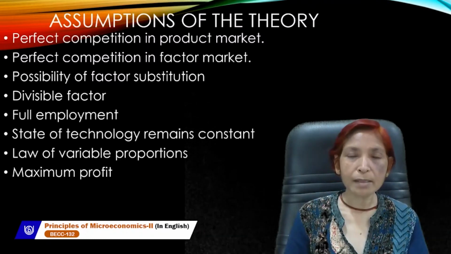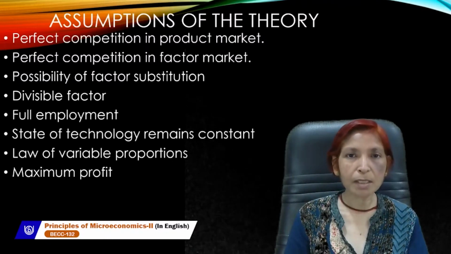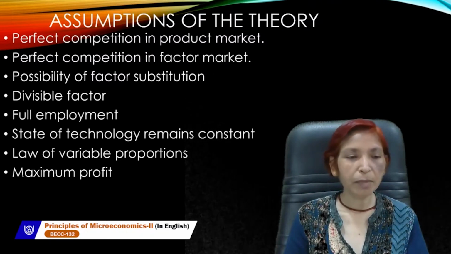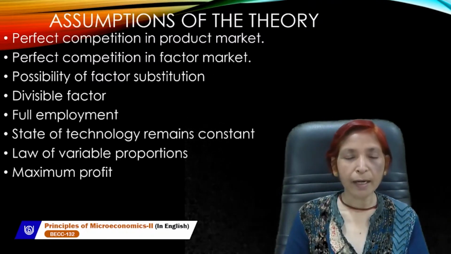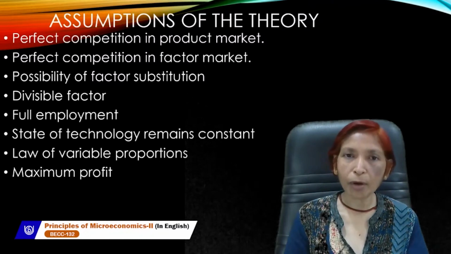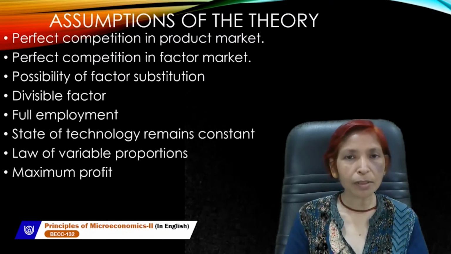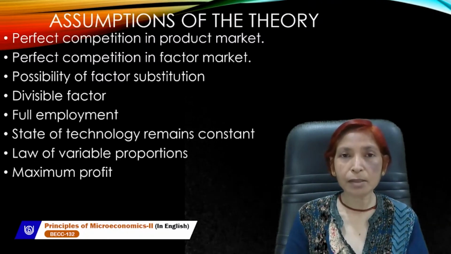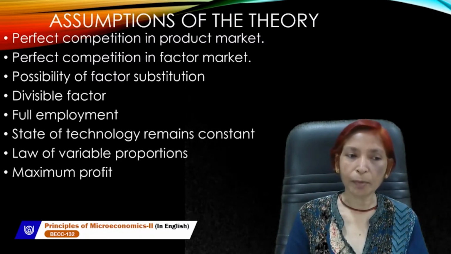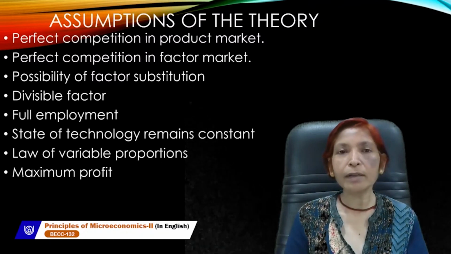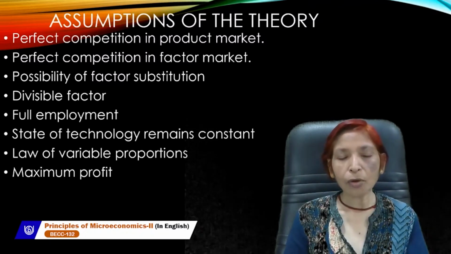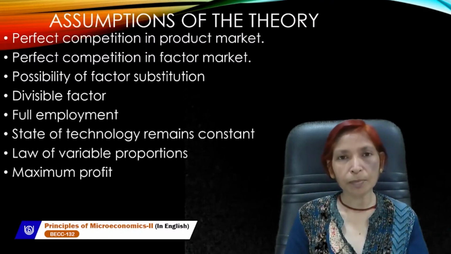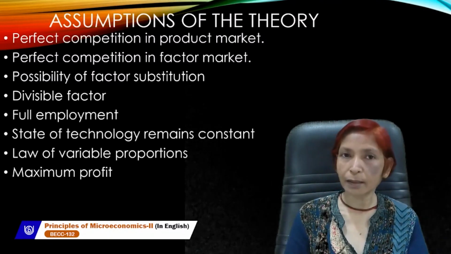According to Keynes, at the level of full employment, 5 to 6% unemployment may exist. That 5 to 6% unemployment is called the natural rate of unemployment. It may exist at the level of full employment because some people are voluntarily unemployed. They don't want to work. They put conditions while taking jobs and regarding salaries.